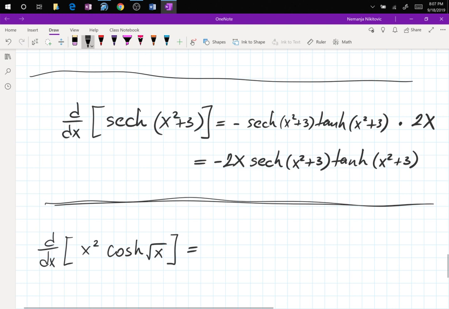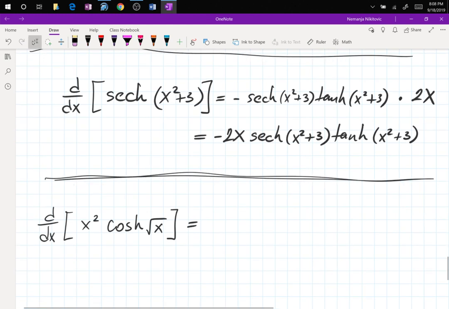What do we have? Yes, beautiful. We have product rule. There are two functions. There is a function x squared, which is multiplied by cosine hyperbolic. So this problem is a product rule, which you learn in chapter 3 in Calc 1.